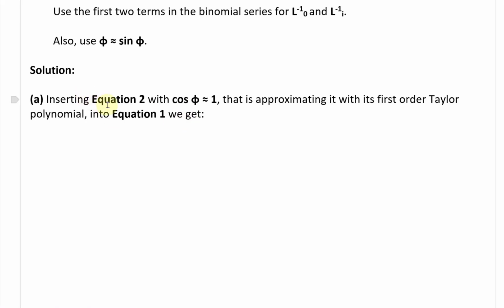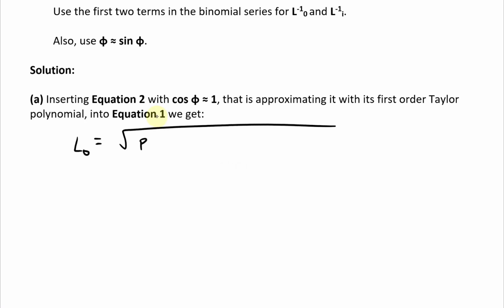So inserting equation 2 with cosine phi approximately equal to 1, that is approximating it with its first order Taylor polynomial, into equation 1 we get, let's do this all in one go, L naught is equal to this giant square root function, and let's see if we remember it.